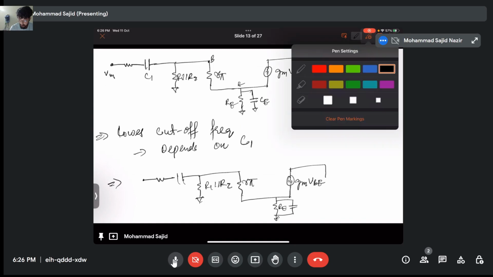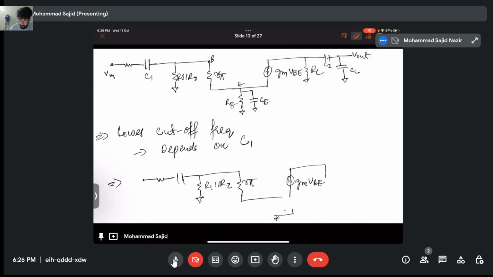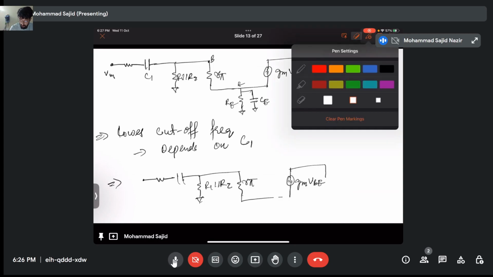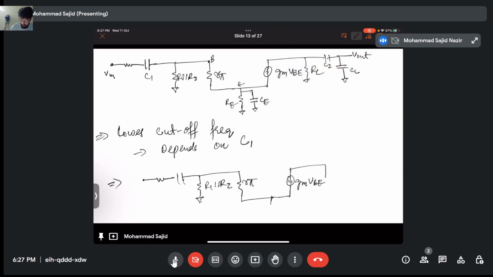Since this is short, this will be ground. This will be RC. Wait a second, since it's connected to this.